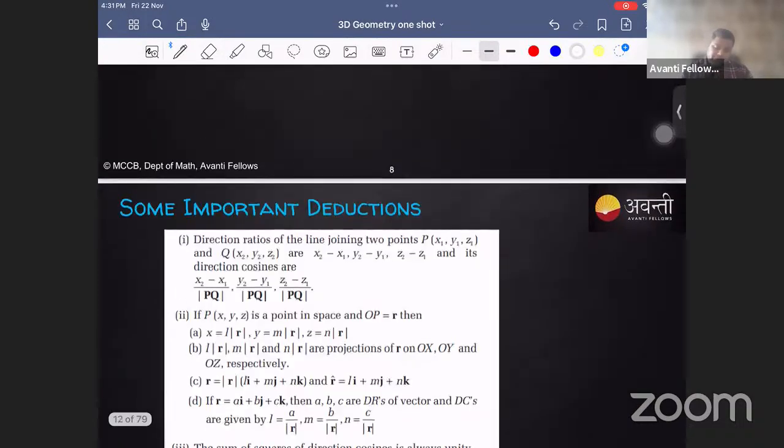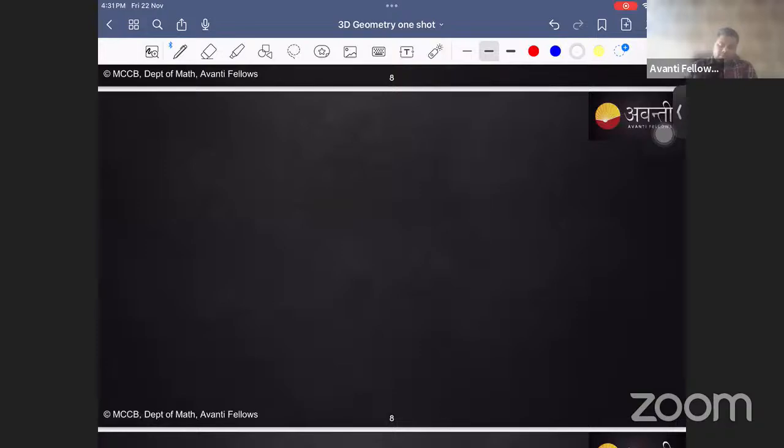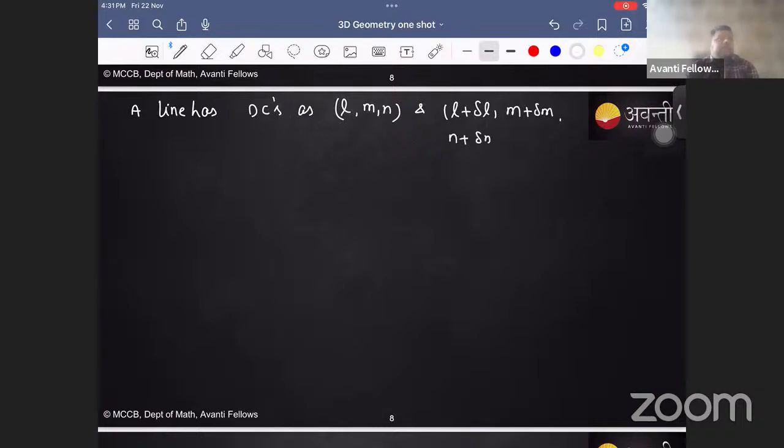Now write down a question. A line has direction cosines as L, M, N and L plus delta L, M plus delta M, N plus delta N in its two adjacent positions.